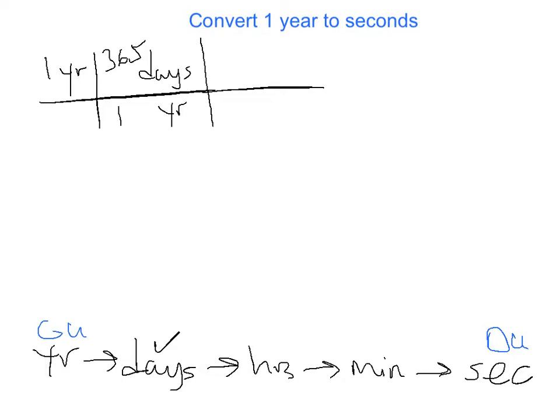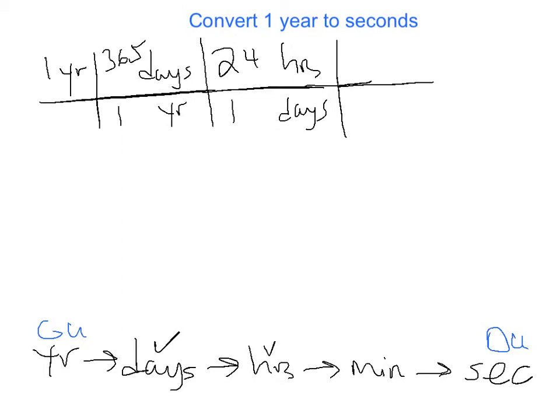Now I know I need to go from days to hours. So again, on the diagonal, I'll put days, and hours goes on top. And I know that days is bigger than hours, so I'll put a 1 down here. And there are 24 hours in 1 day. Keep going. Now taking care of hours, I now need to go from hours to minutes.